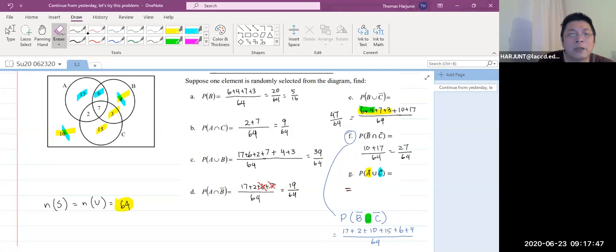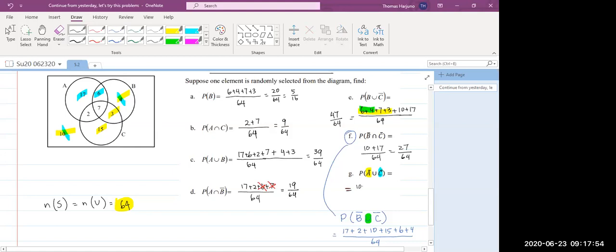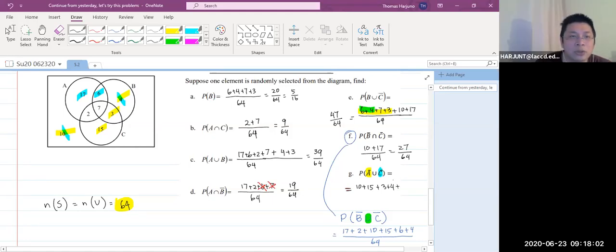That will be, let me do the yellow first. 10 plus 15 plus 3 plus 4 plus the blue one, but make sure it's not double counted, plus 17 plus 6 over 64.